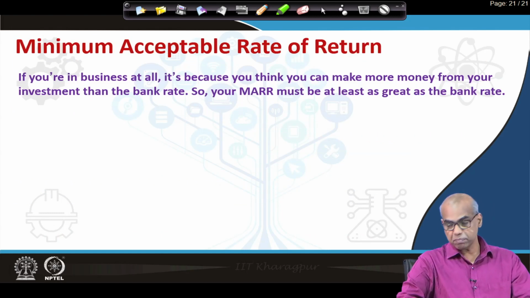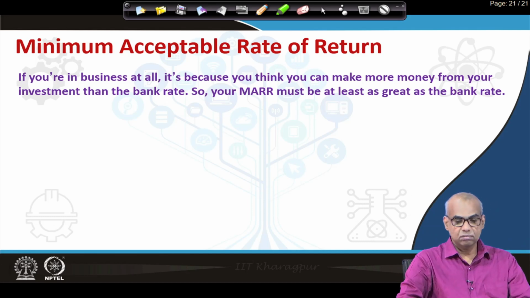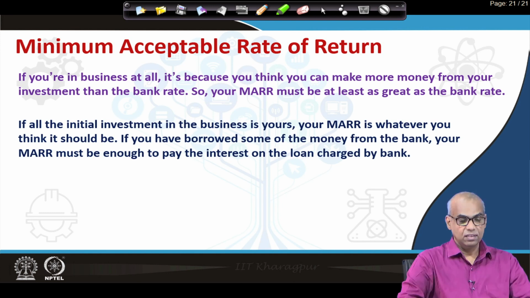Now, what is minimum acceptable rate of return? If you are in business at all, it is because you think you can make more money from your investment than the bank rate. So, your minimum acceptable rate of return must be at least as great as the bank rate. If all the initial investment in the business is yours, your minimum acceptable rate of return is whatever you think it should be.